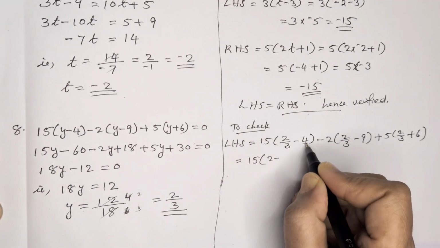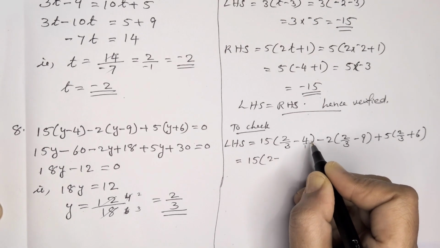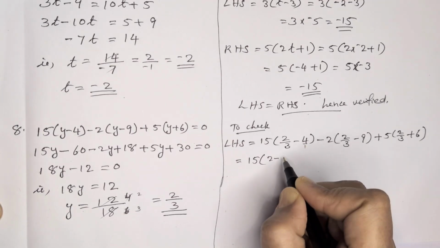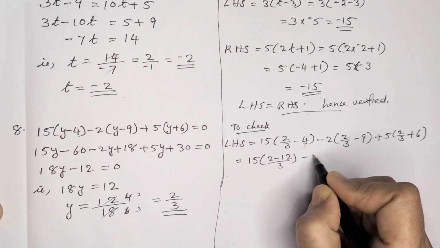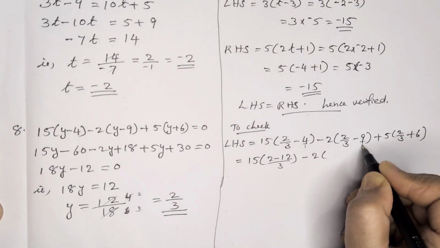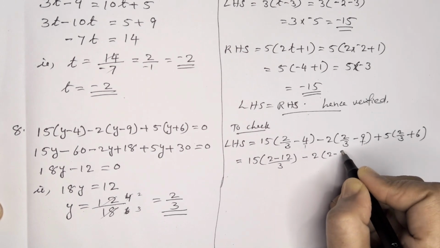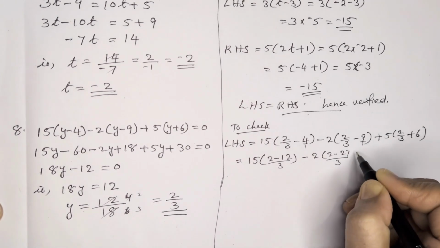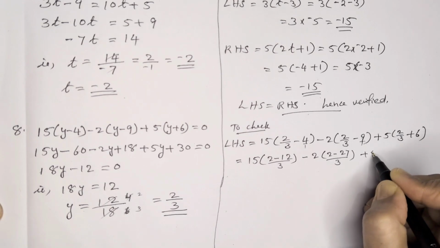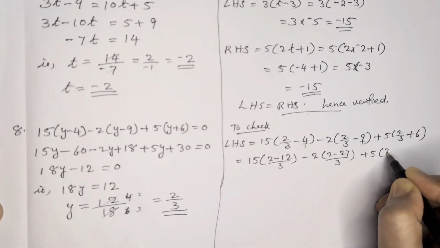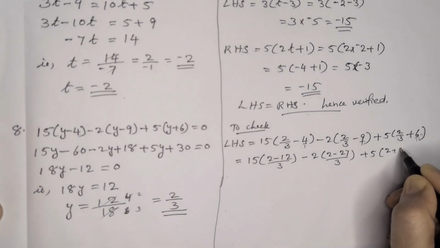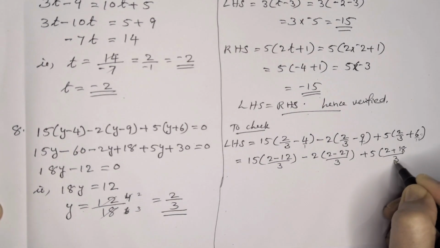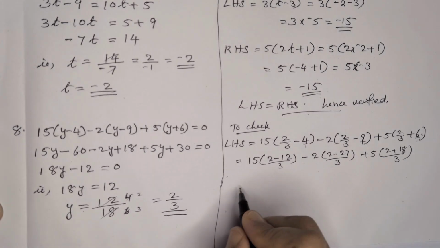So 2 minus 4 we have to consider as 4 by 1; when you multiply with 3, you will get 2 minus 12 by 3, minus 2 into, here also 9 as 9 by 1, so 2 minus, when multiplying by 3, 27 by 3, plus 5 into 2 plus 6 by 1, multiplied by 3, so 2 plus 18 by 3. Everywhere we can take 3 as the LCM.